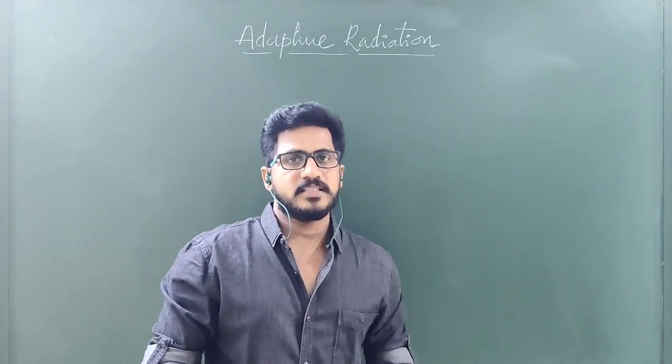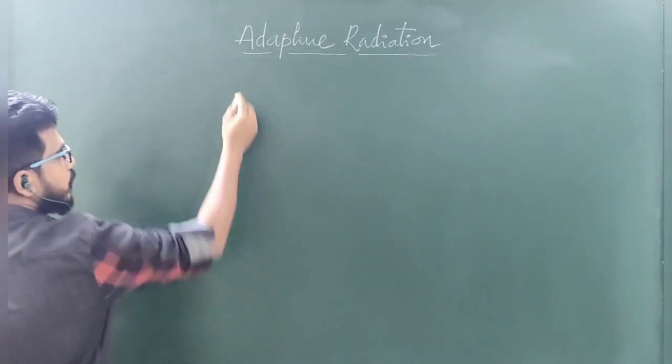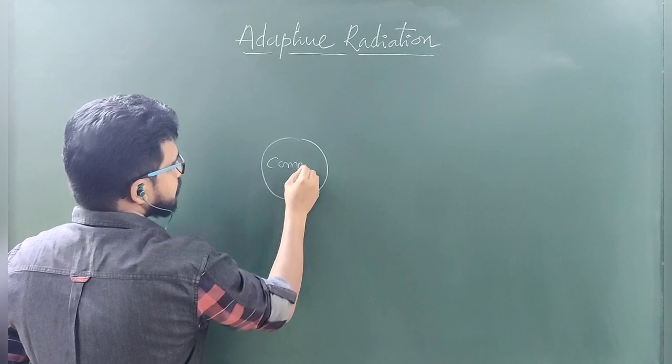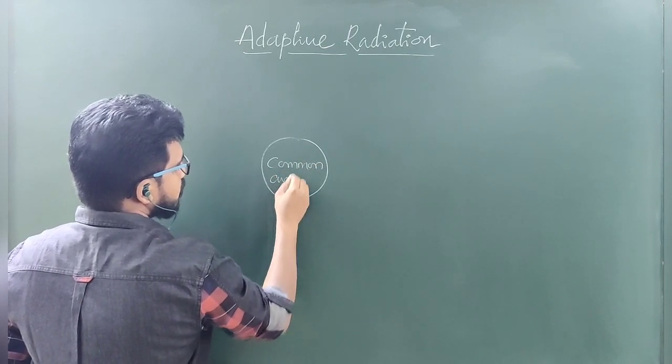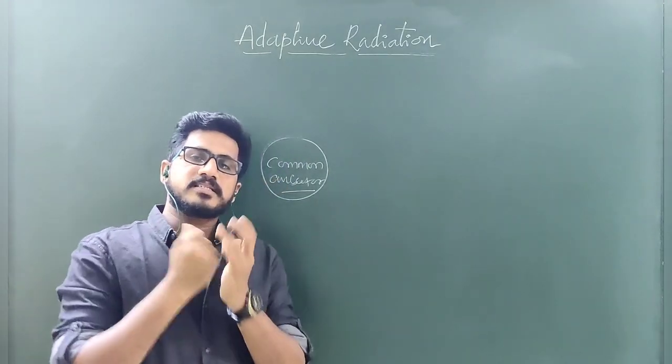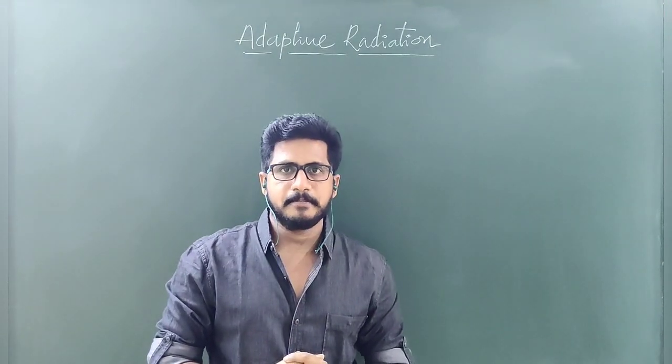Let me start. First of all, there is a common ancestor present. This common ancestor has stable characteristics.